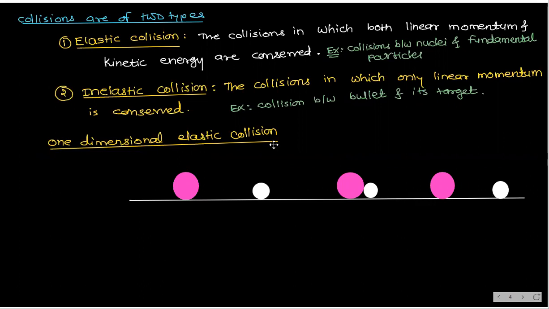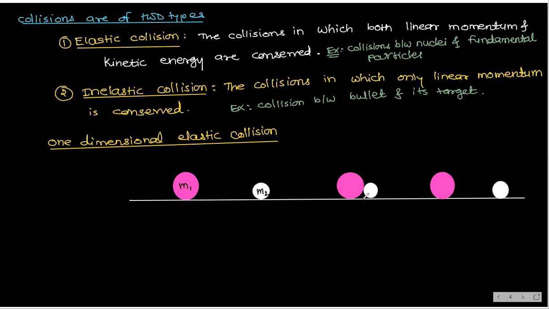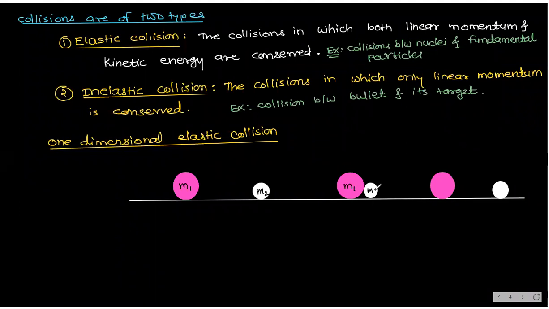See here, the first sphere has mass m1, the second sphere has mass m2. Mass is not going to change, so here also m1, m2. Now initially this m1 has speed, let us suppose u1, and this m2 has speed u2.